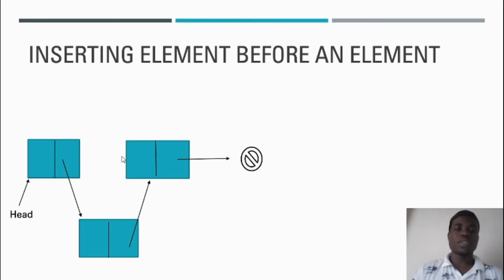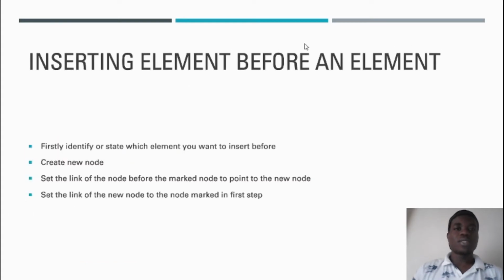Before this one. And then now let's look at the steps again of how we insert an element before another element. So firstly, you identify or state which element you want to insert before. Remember the target node? That is the one that we're talking about here. And then now you create a new node. And after creating a new node, you then set the link of the node before the marked node to point to the new node.